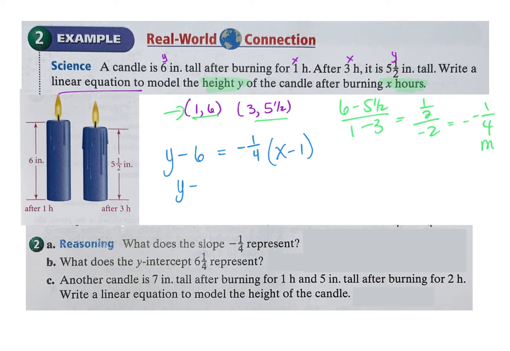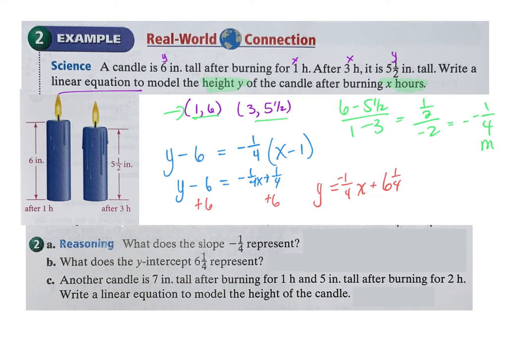So you are going to have to manipulate fractions a little bit here. Negative 1/4 x plus 1/4. What happens here? Add 6. You can leave it. I don't know if they left it as a mixed number, but you can. Just because we're talking about height, 6 1/4, that actually represents our inches, how tall the candle was initially.